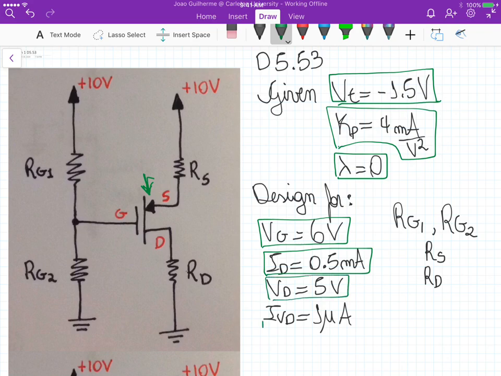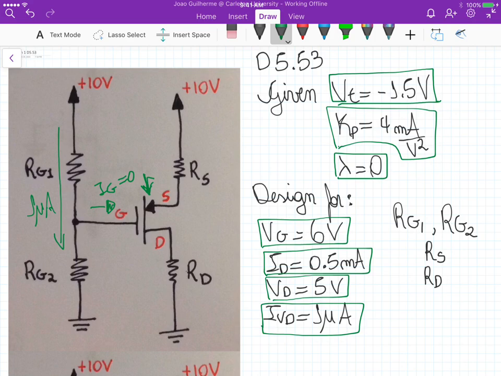And this IVD here is the current that's flowing through the voltage divider at the gate, so this current here is 1 microamp. We know that because it's one of the parameters from the problem, and because of the behavior of the MOSFET, this current IG equals 0, because ideally there is no current flowing into the gate.